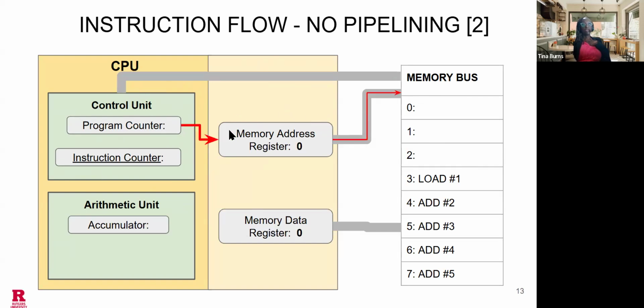and I'm only dealing with the control unit. After that happens, what I need to do is update my program counter to say, hey, I have an instruction that I want to handle. Let me go ahead and do this. In addition to that, let me see if I can decode what this instruction is. Once I get this information, for this one, we're going to assume that we have these other ones. I'm updating my instruction counter.